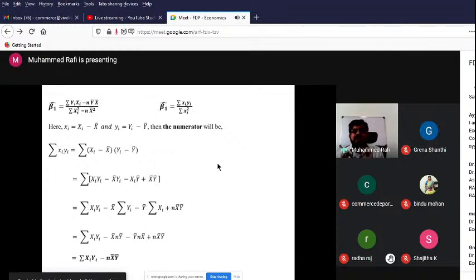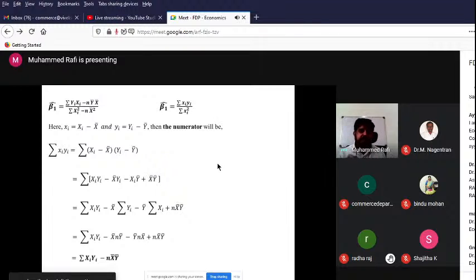That is sigma xi yi divided by sigma xi square. So this xi is the deviation of actual value from its mean. Yi minus y bar, we are writing as small xi. So you can estimate the value of beta 1 using these two equations.